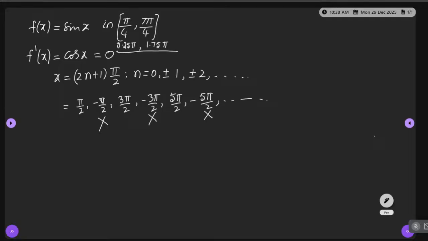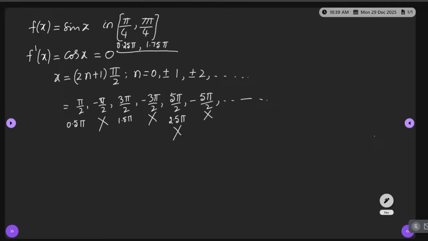This is 0.5 pi. Is it lying inside or not? Say yes or no. And this is 1.5 pi. Lies inside or not? Again 2.5 pi is also not inside.